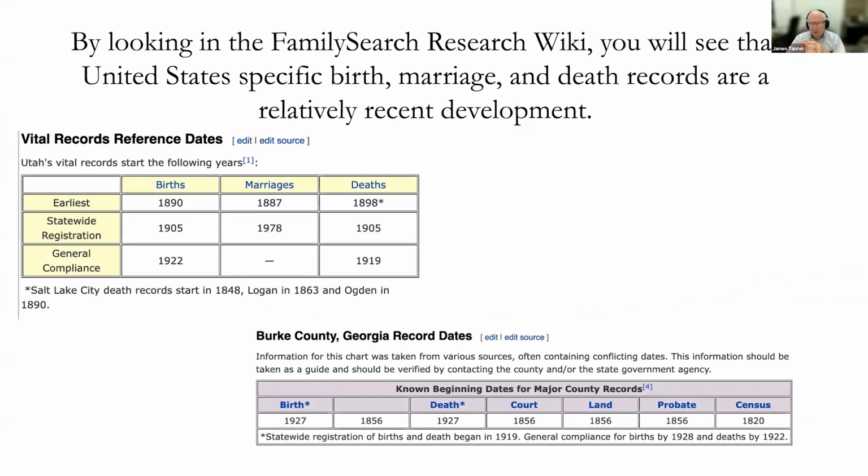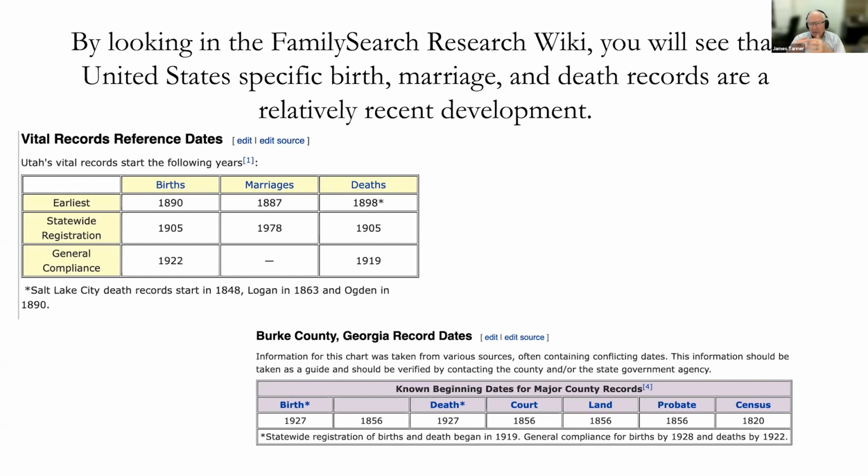So now let's go back to the Research Wiki. You'll see that the United States specific birth, marriage, and death records are relatively recent. This is an example from Utah's vital records. Of course, Utah hasn't been around as long as some states, but the earliest birth records you're going to find consistently in Utah are about 1890.